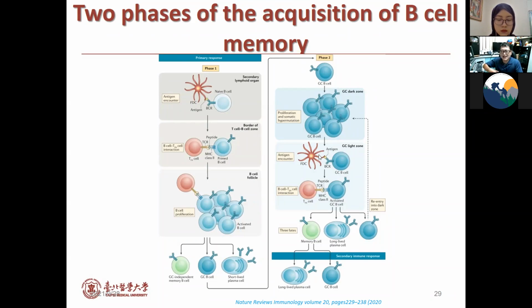They are going to present this antigen on their MHC protein. And the dendritic cells will migrate into the lymph nodes, because a lot of T cells and B cells live in the lymph nodes. So dendritic cells meet those T cells and B cells in the lymphoid nodes and activate them.